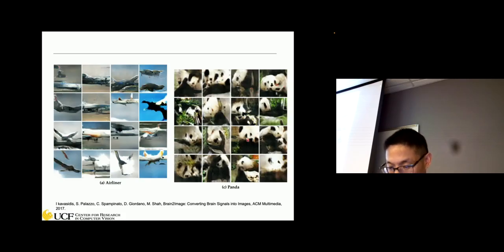But at least you know the person maybe looked at the panda image. I think this is a really good application for brain-computer interfaces, so we are able to interpret what the person is thinking about or reading.